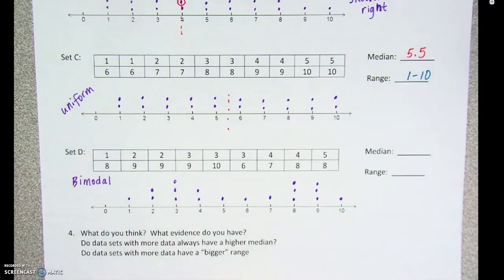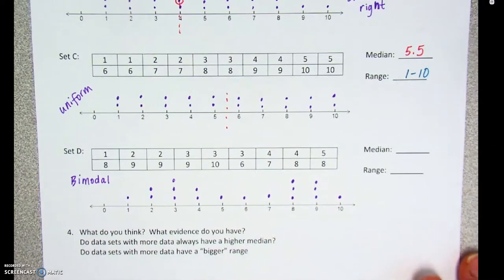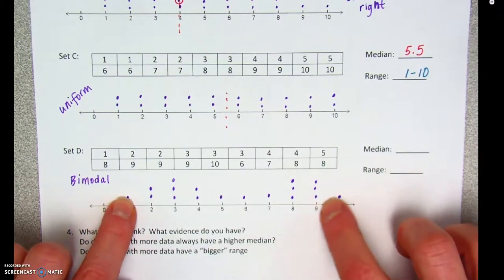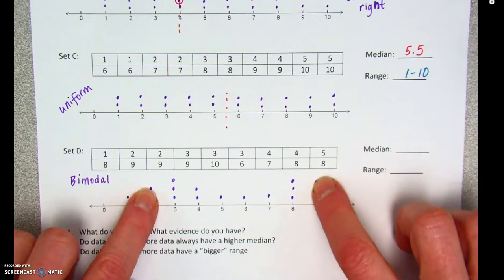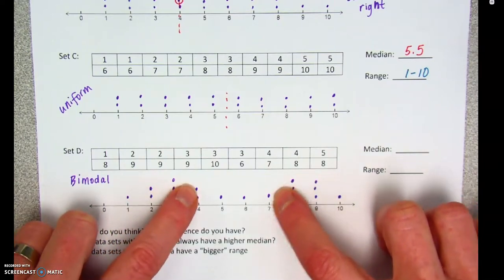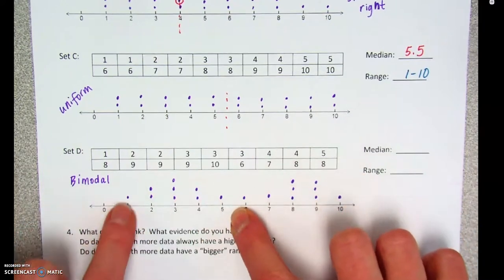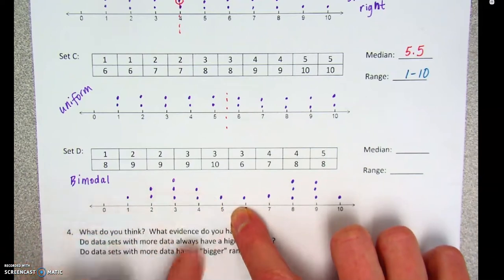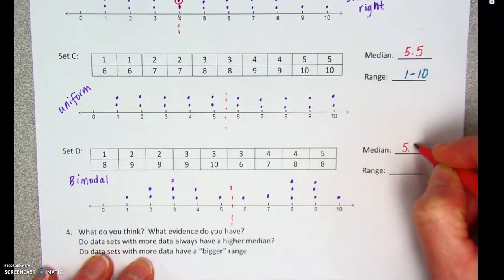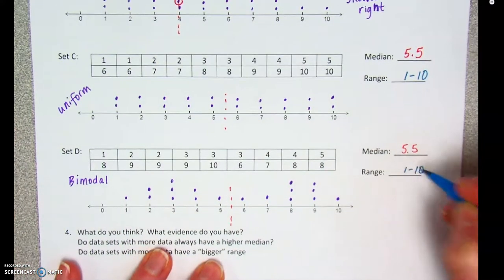Just rechecking because I had 20 up there, 18 this time. So the median is right there, in between the 9th and the 10th. Yes. So the data set, again, has a median of 5.5 and a range from 1 to 10.